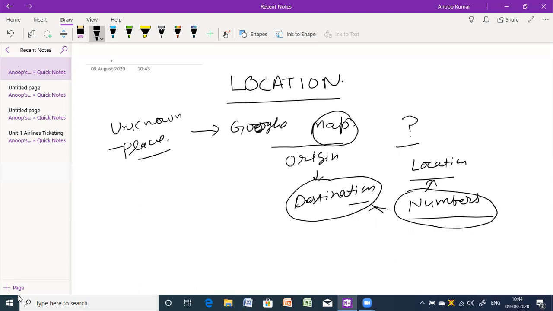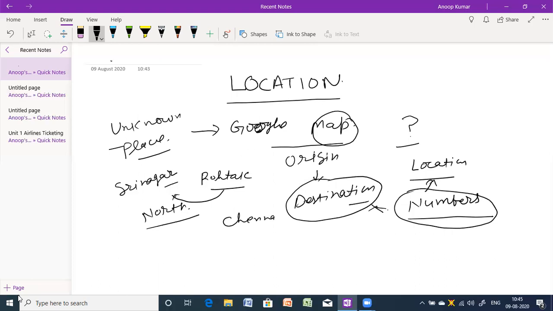Another example I can give you is, if I ask you where is Srinagar, you are sitting in Rohtak, and if I ask you where is Srinagar, the answer is Srinagar is in the north. Similarly, if I ask you where is Chennai, you will say, sir, Chennai is in South India.